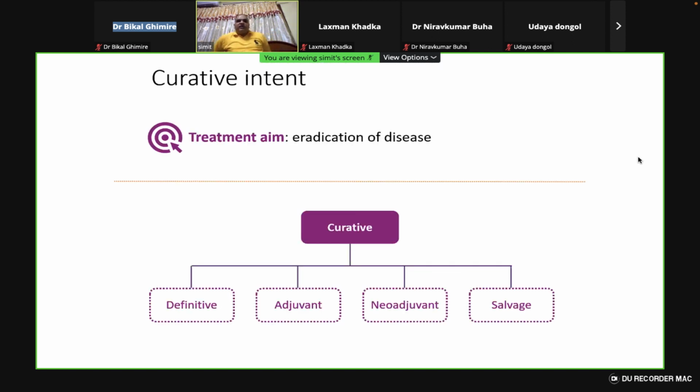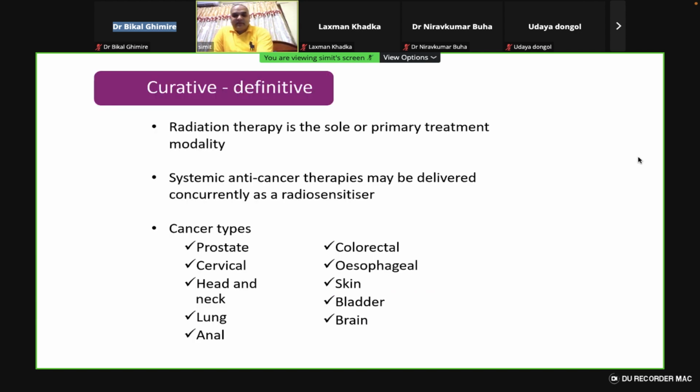So when you come to curative intent, the treatment aim is eradication of disease. In curative, it can be definitive, adjuvant, neoadjuvant, and salvage. Definitive is when radiation therapy is the sole or primary treatment modality. Sometimes chemotherapy can be added as a radiosensitizer.